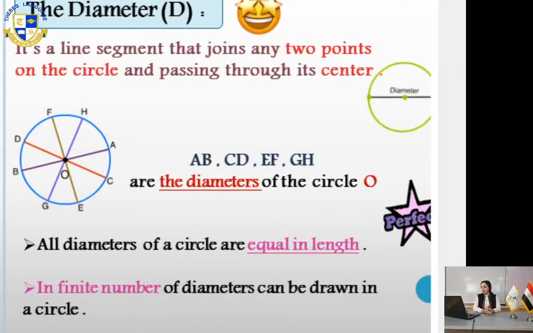Like that, in the circle we have AB, CD, EF, GH as the diameters of the circle O, which is the center of the circle. And all the diameters of a circle are equal in length, and we can draw infinitely many diameters in the circle. Okay?